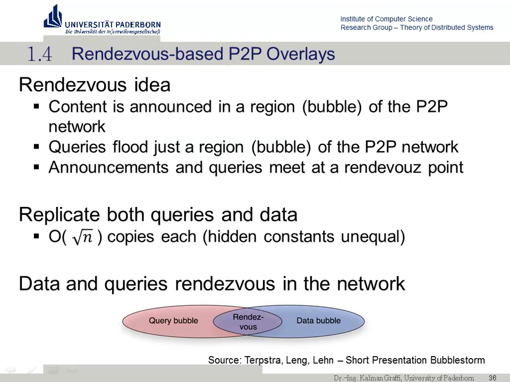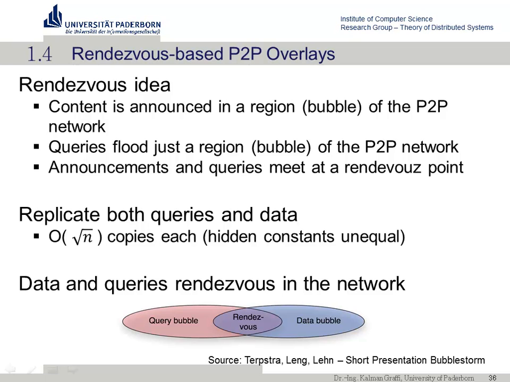Okay, the last aspect for these homogeneous peer-to-peer overlays, how this can be done, is following the rendezvous idea. Like it was said, we have a region, so these are only subsets of the network, so the network is larger, and you have a data bubble where you basically announce what you have.